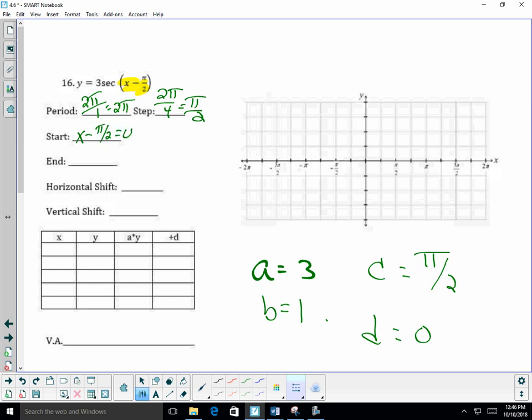I add pi over 2 to both sides, and I get x is equal to pi over 2. My end is going to be x minus pi over 2 is equal to 2 pi. So when I add, x is equal to 5 pi over 2. This start comes down here. My step is pi over 2, so I'm going to add pi over 2 each time.